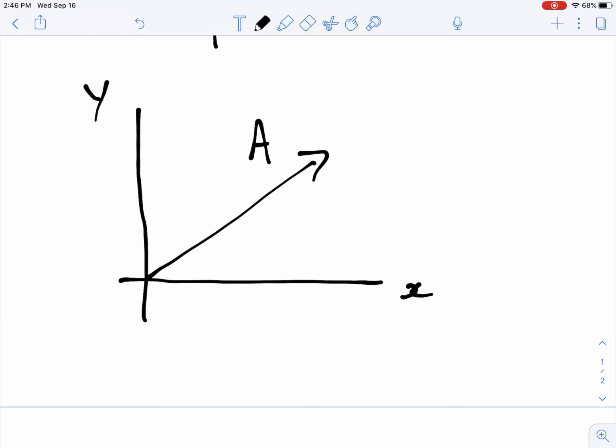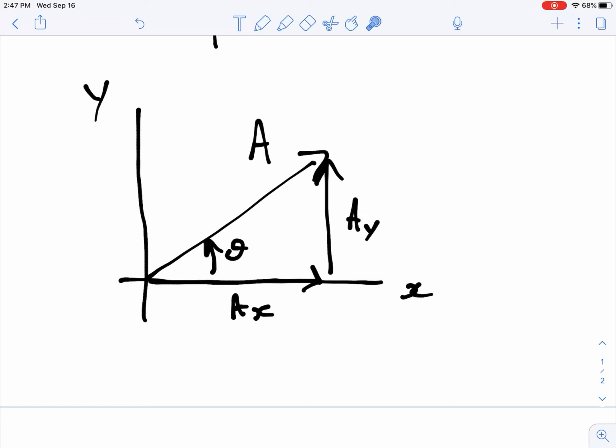For example, this vector here, A, which is in the direction theta, has an x component, which is that, and a y component, which could be written like that.